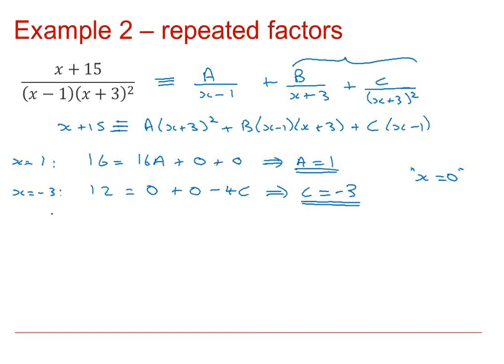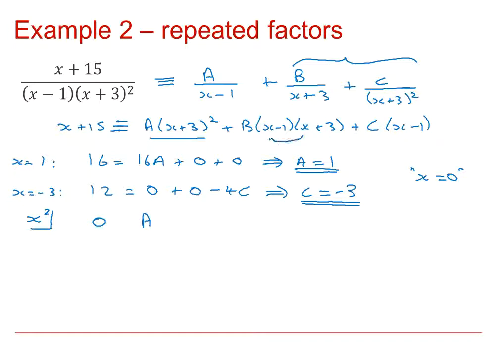But the method I'm going to show is a little bit different. I'm going to look at coefficients of x squared. Because this is an algebraic identity, the coefficients of x squared have got to match. So the coefficient of x squared on the left is 0. There aren't any x squareds. If I expanded this bracket here, I would have a lots of x squared.